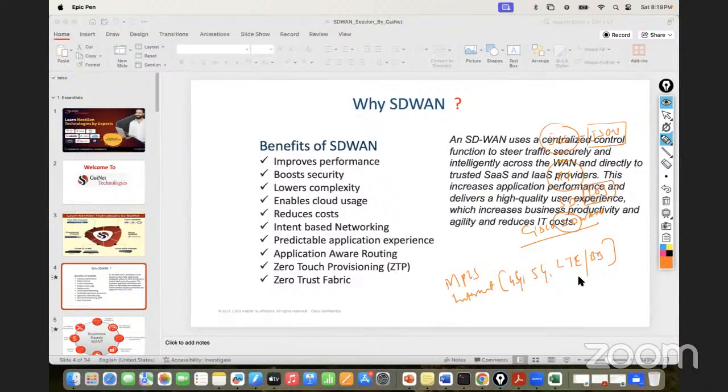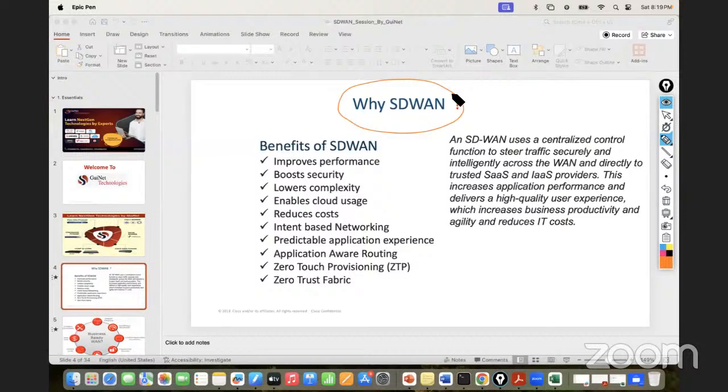So this is the introduction about SD-WAN, but what is the core idea? If I talk about why SD-WAN came into the picture, what was the core idea? Anyone know about the core idea of SD-WAN? Any guess? Just try to speak up. Scalability.